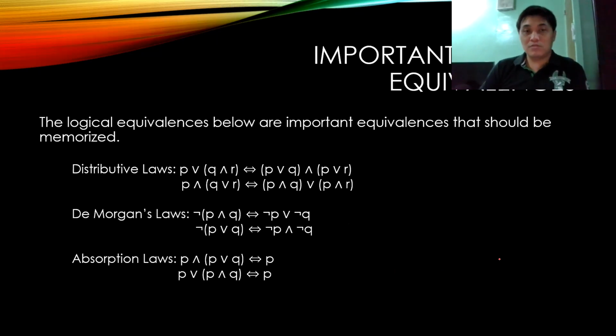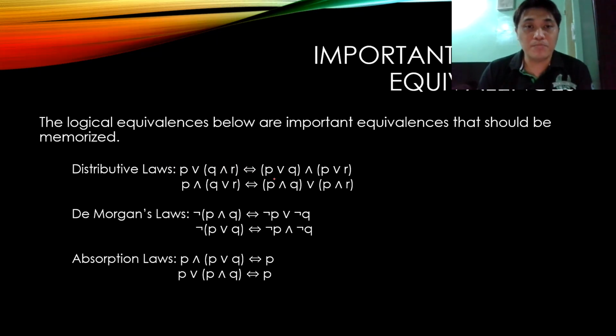Distributive law. This is my favorite. The statement P, logical and, this one, logical or, sorry. For logical or, open parenthesis Q and logical and R, close parenthesis. We will distribute this equation.